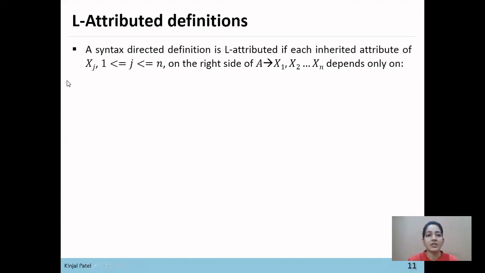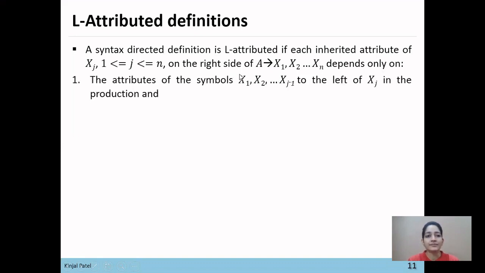Here is the definition: a syntax-directed definition is L-attributed if each inherited attribute of xj, where j from 1 to n, on the right side of A, means A derives x1, x2 up to xn, can depend only on the attributes of symbols x1, x2 up to xj minus 1 to the left of xj.